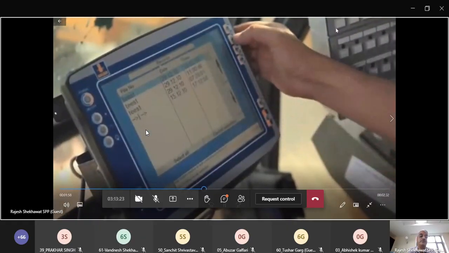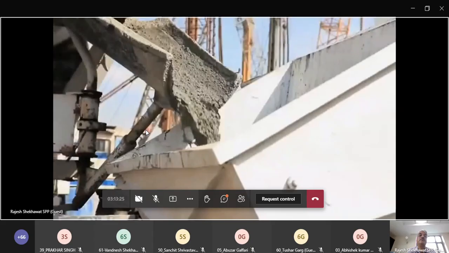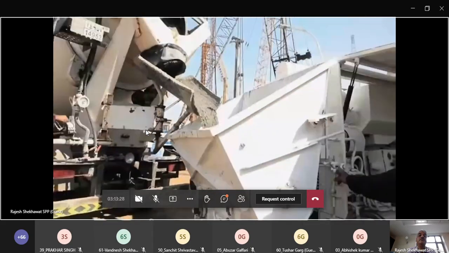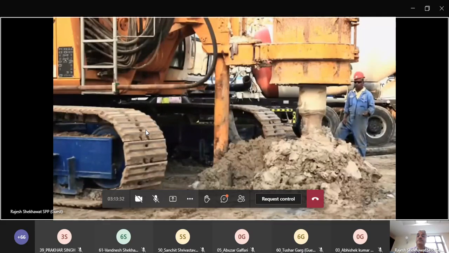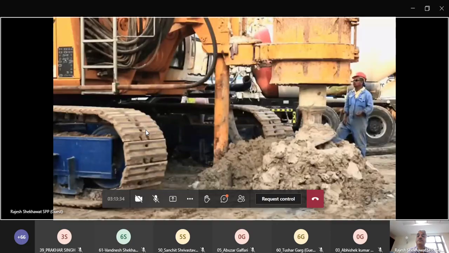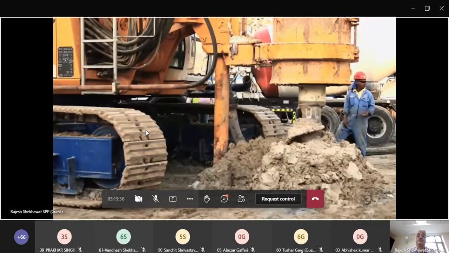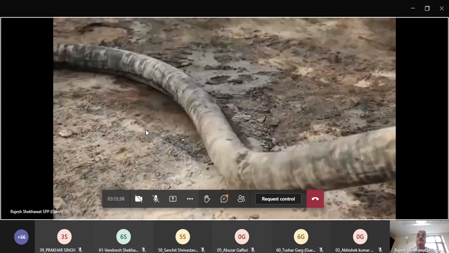Upon reaching the desired depth, the concreting process is commenced. This is controlled through the same electronically monitored system. The augers are pulled out whilst monitoring the electronic system to ensure quality.